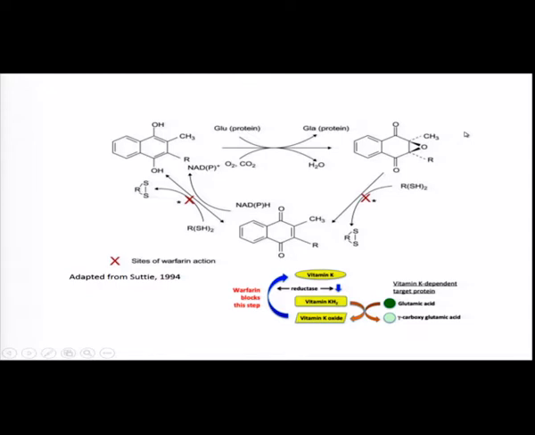So this reductive step is removal of oxygen, and this reductive step is addition of hydrogen. You should recollect the school book definition of oxidation and reduction. So on either side, here reduction, here again reduction, and both can be inhibited by warfarin by inhibiting the corresponding enzymes involved in the pathway.